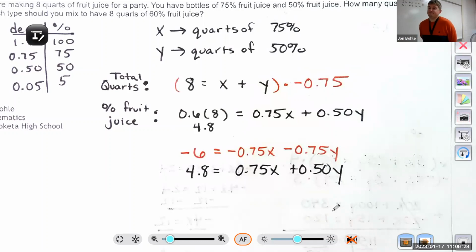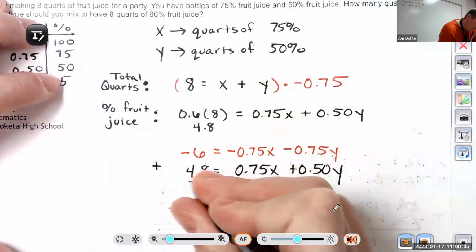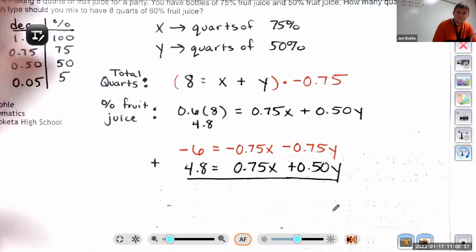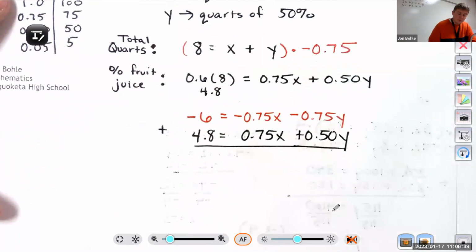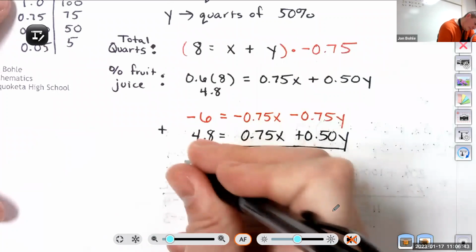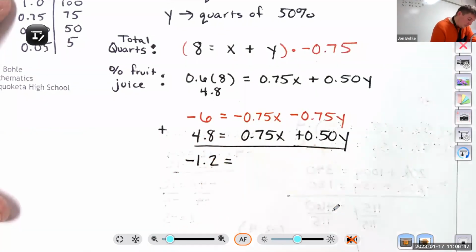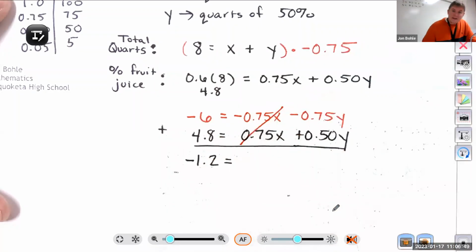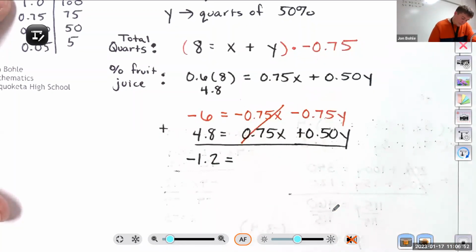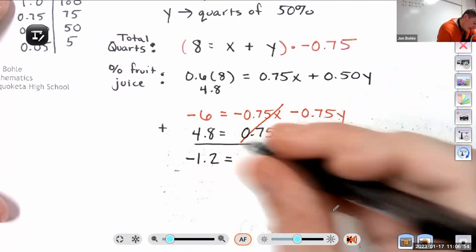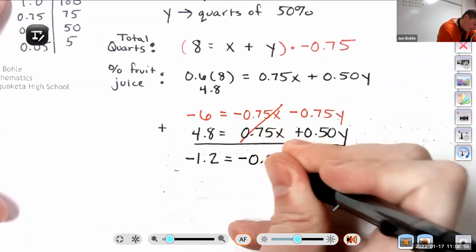Do I have opposites? What do I do when I have opposites? Add. -6 plus 4.8 is negative 1.2. Negative 0.75 and positive 0.75 are opposites, so they cancel out. And then this here is negative 0.25.